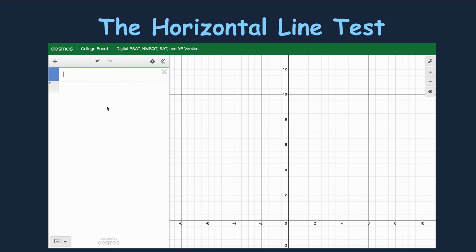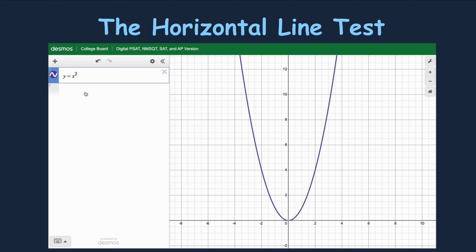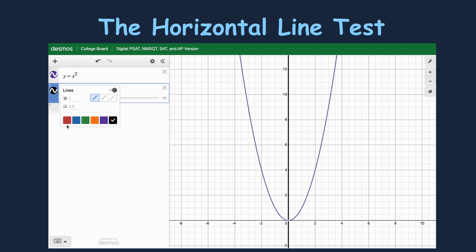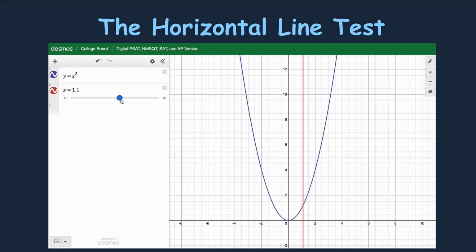So if I have a function like y equals x squared, okay, I get this purple graph. It passes what we call the vertical line test, and I'm going to switch this to red so that's easy to see. It passes the vertical line test, which means y equals x squared is a function because this red line is only touching the graph at one point.